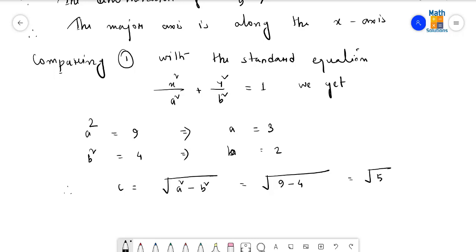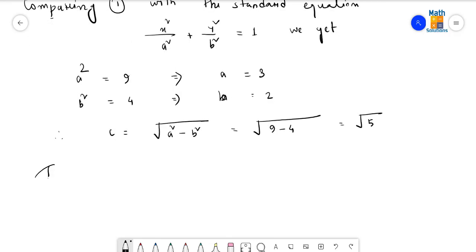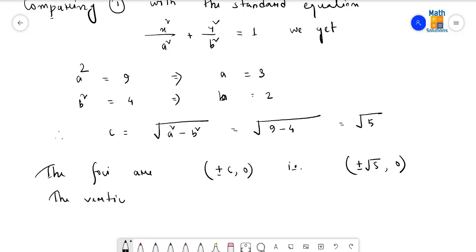So it is very clear that the major axis is along the x-axis. So the foci and vertices will always be lying on the x-axis, and it will be taking the form: the foci are plus minus c comma 0, that is plus minus root 5 comma 0. Then the vertices are plus minus a comma 0, that is plus minus 3 comma 0.